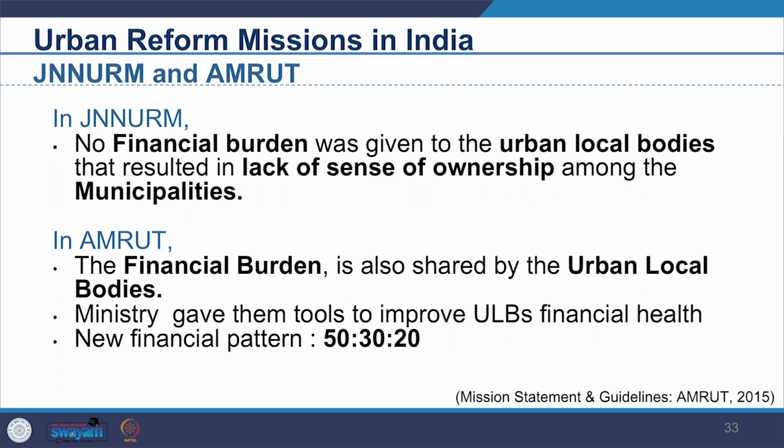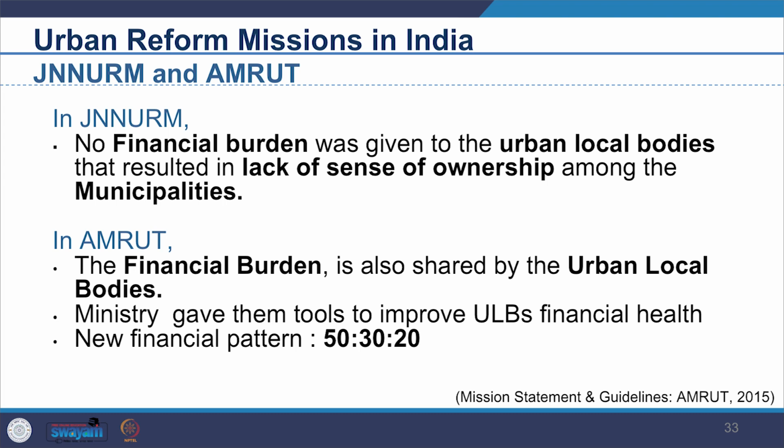Further, we see in JNNURM, no financial burden was given to urban local bodies, which resulted in a lack of sense of ownership among the municipalities. As we know, there are a lot of challenges among our municipalities regarding financial health. So, in JNNURM, no financial burden was given to them. Whereas now in AMRUT, the financial burden is also shared by the urban local bodies. The ministry gave them tools to improve ULBs.